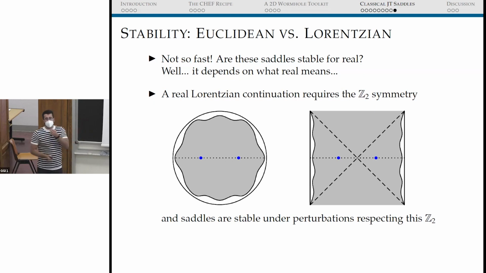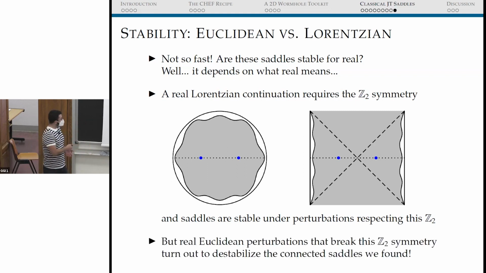Now, if I actually take the Euclidean path integral as a completely different object that doesn't care about Lorentzian time, and just consider all possible real Euclidean perturbations, then it turns out these saddles become unstable. So if I allow for perturbations that break this C2 symmetry, I destabilize the saddles. And if these saddles become unstable, they no longer are genuine saddles to be included in a saddle point approximation.